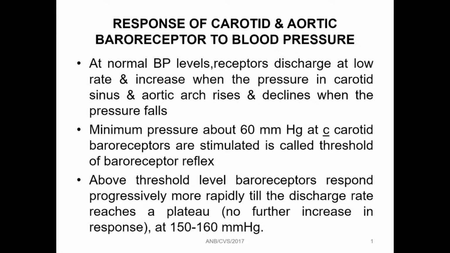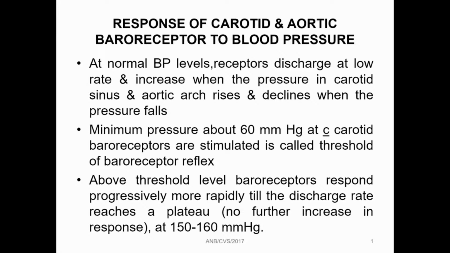It means there is a limit to the discharge. Although the pressure may vary, when it reaches this higher value there will not be further stimulation of the baroreceptor. At this level they will remain at a constant level of activity.